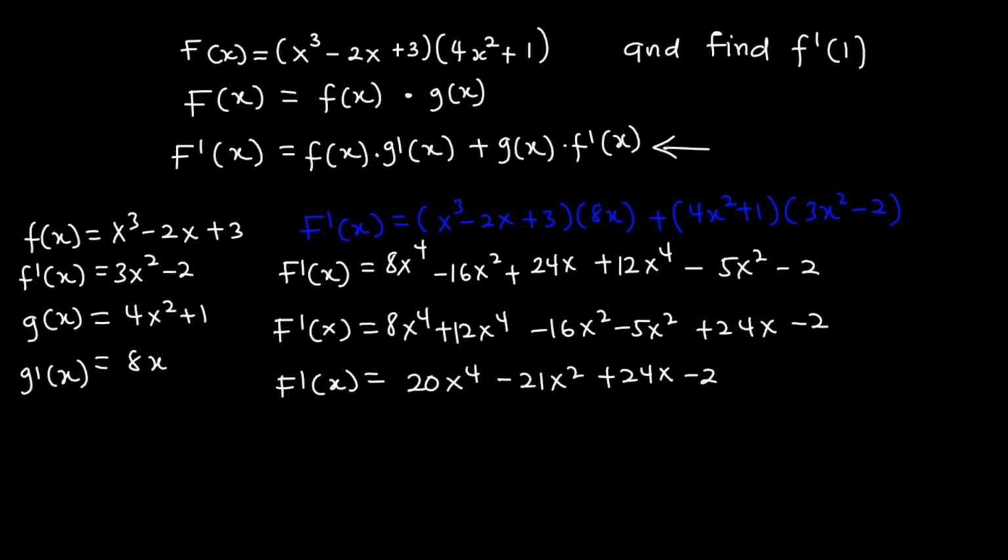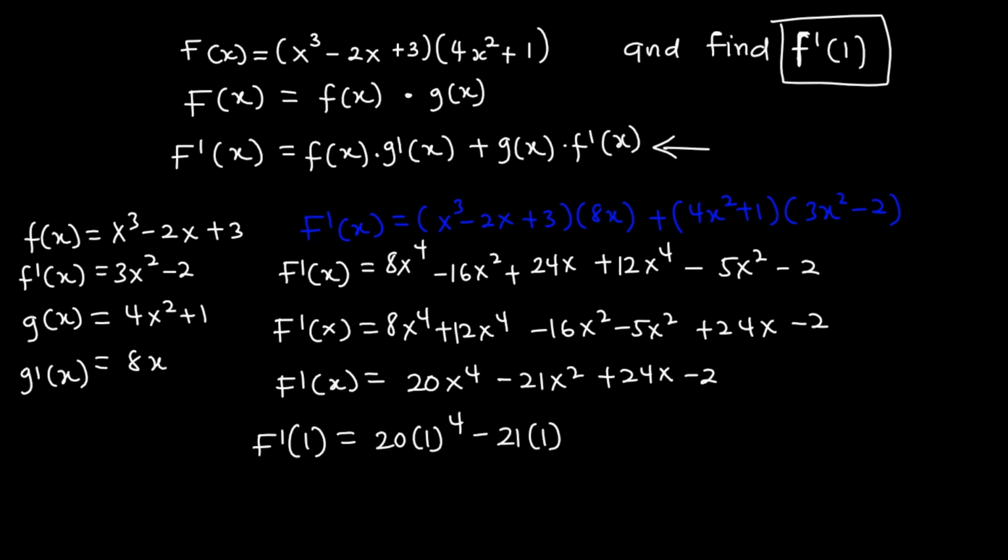Now we've been asked to find the derivative at the point 1. That's, we should find F prime of 1. All you have to do is substitute 1 in place of x in the derivative that we got. This is actually supposed to be capital F, so let's take note of this. That would be F prime of 1 equal to 20 into bracket 1 to the power 4 minus 21 into bracket 1 squared plus 24 into bracket 1 minus 2.